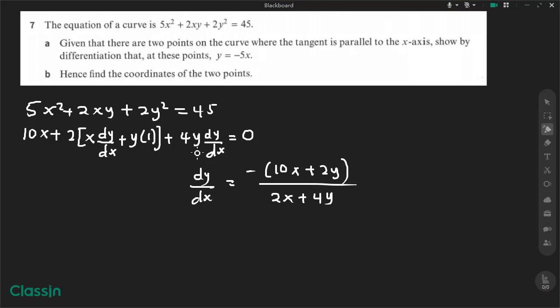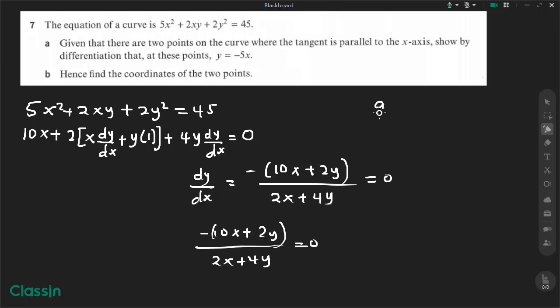Now, remember, as we said before, if the tangent is parallel to the x-axis, then the gradient function must be 0. So we have the expression negative 10x plus 2y over 2x plus 4y must be 0, because the tangent to this curve is parallel to the x-axis, so the gradient is 0.